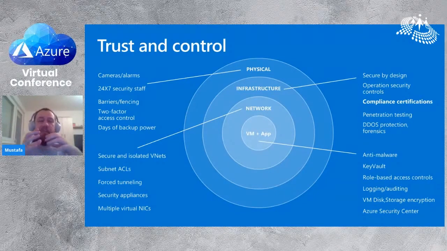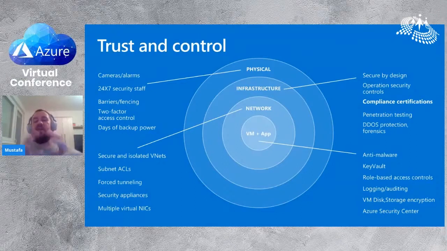When it comes to Azure, this is top of the art, the best, greatest and latest, up to best industry standards. We have cameras and alarms. We have security staff on premise constantly. We have barriers, fencing. Everything needs to be accessed by two-factor authentication. We have days of backup power that runs security systems.